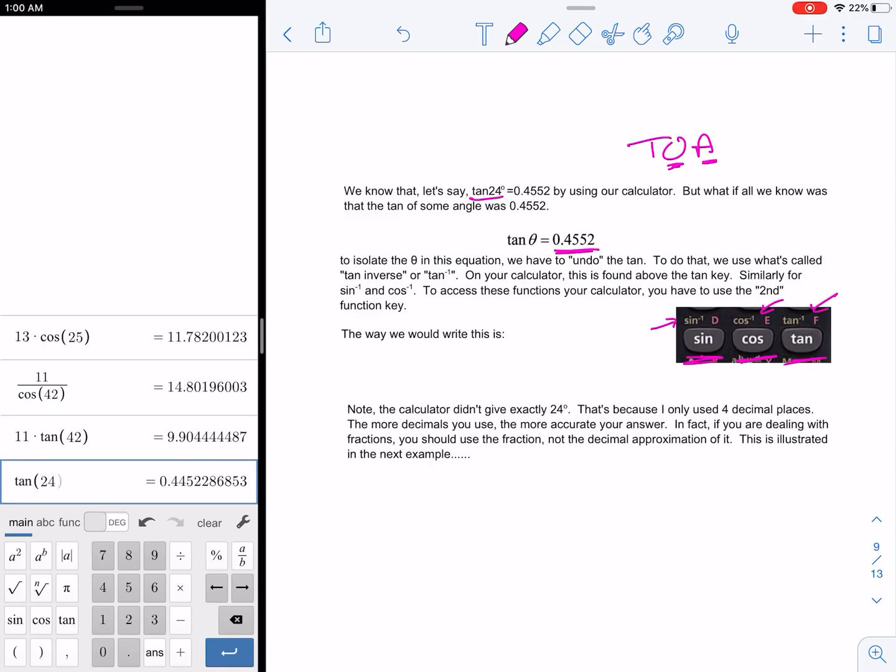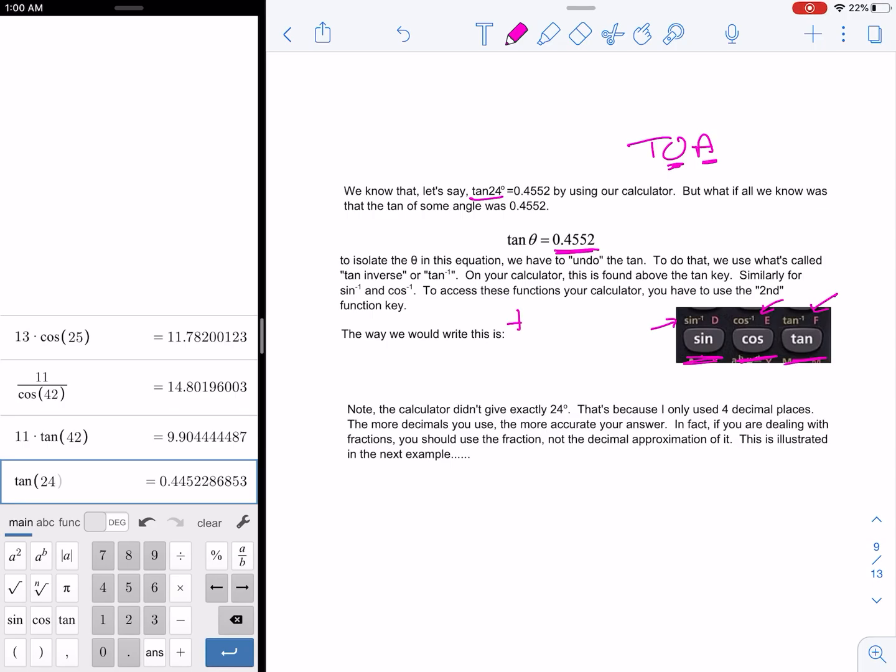We call those sine inverse, cos inverse, and tan inverse, because they are what's called the inverse functions of sine, cos, and tan. They undo what sine, cos, and tan do. Just like square rooting undoes squaring, sine inversing undoes sining. Does that make sense?